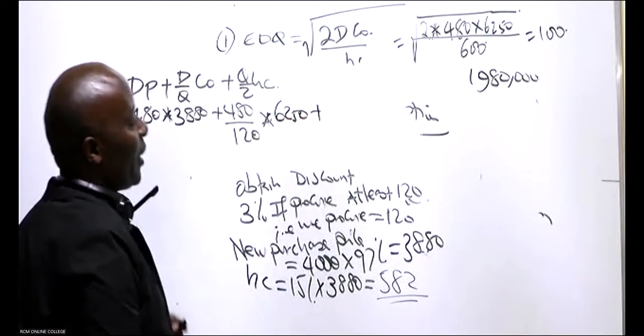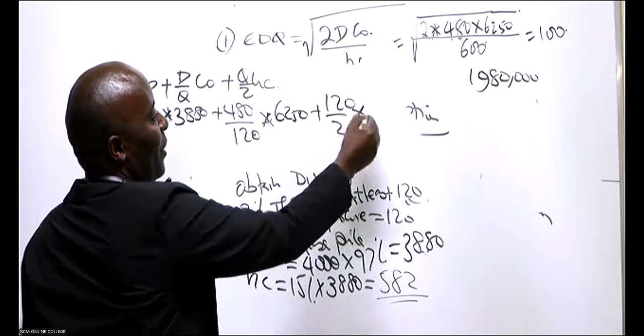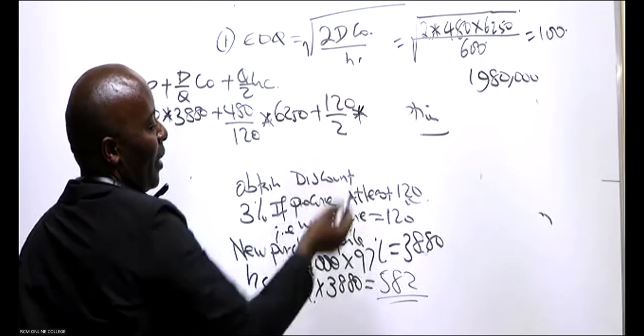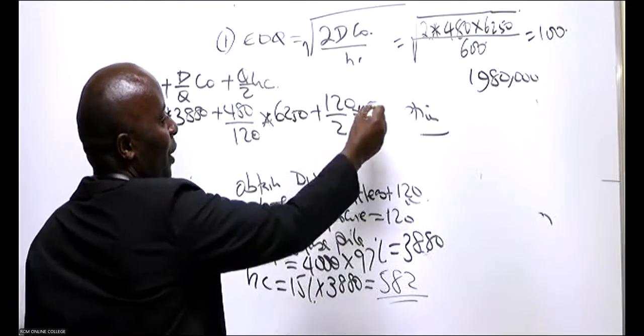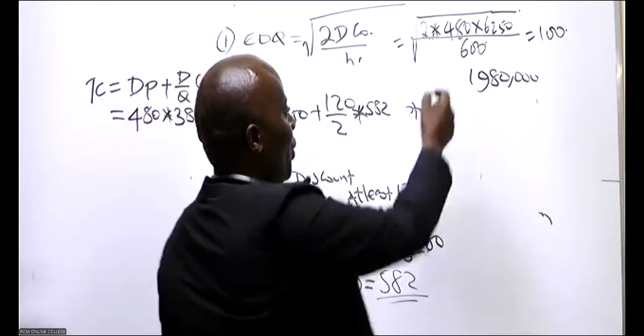Plus, in this case here, Q over 2. So 120 over 2, isn't it? Times HC. What is the HC? 582, isn't it? So please give me the total cost for this one.